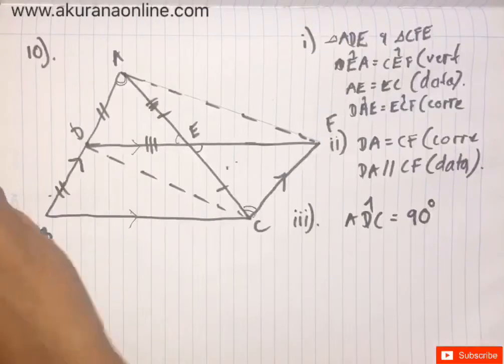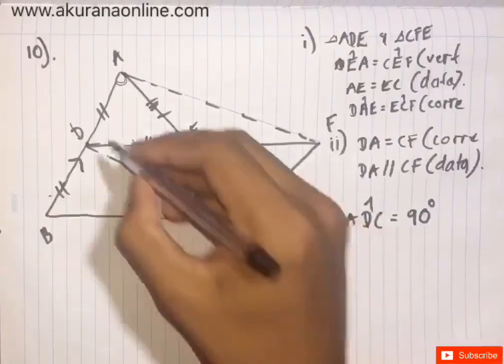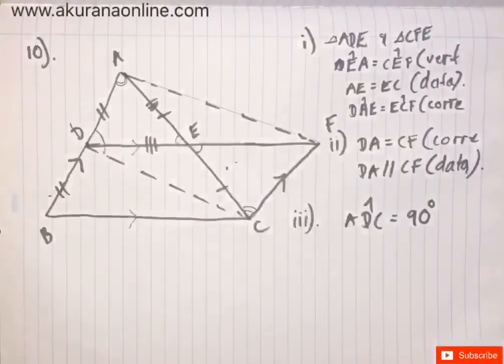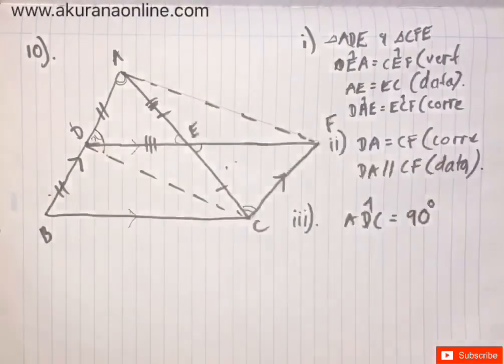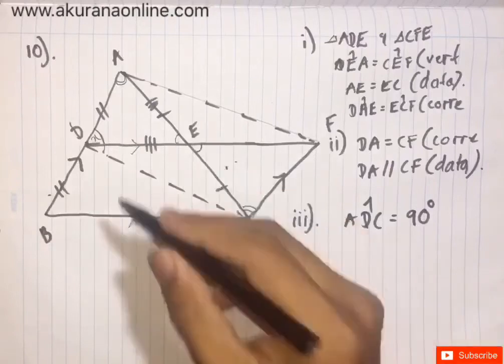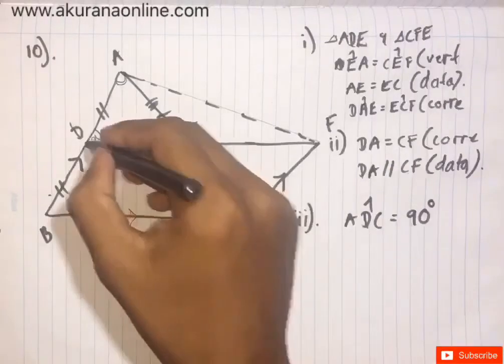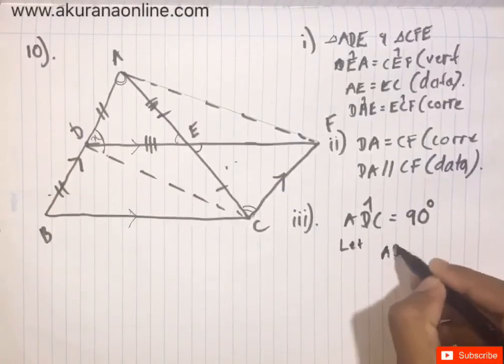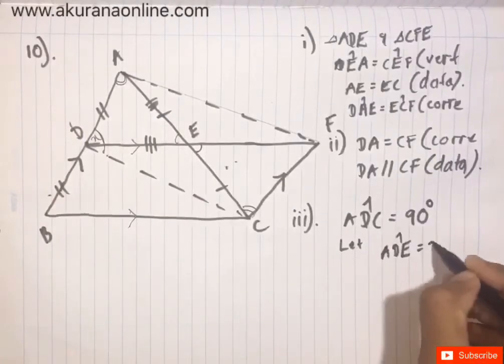Where is ADC? This total angle. Now let us do it this way. Let us take this as X. We'll write a sentence if you want. Let angle ADE be equal to X.